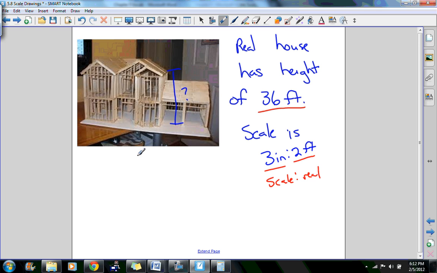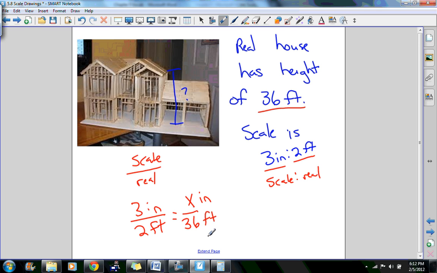So if we do our fractions again, that's scale over real. And we do our scale of 3 inches to 2 feet. And we know that the scale now is the x, and the real house itself is 36 feet. Now notice that feet are always on the bottom here, and this will be inches on top.